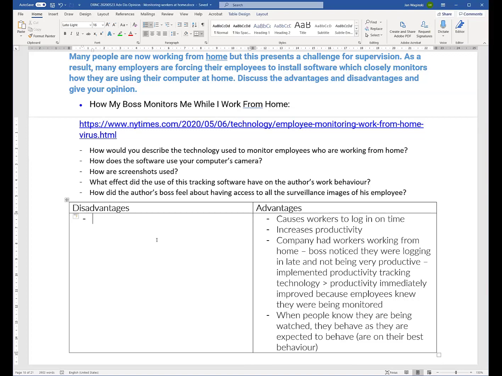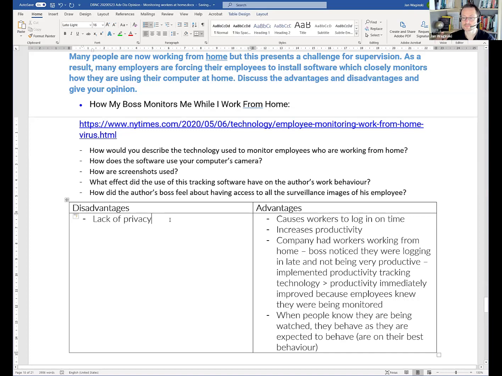No privacy. Mm-hmm. Loss of confidentiality for employee. Sorry, Safa, there's some issues with your audio. It's very distorted.